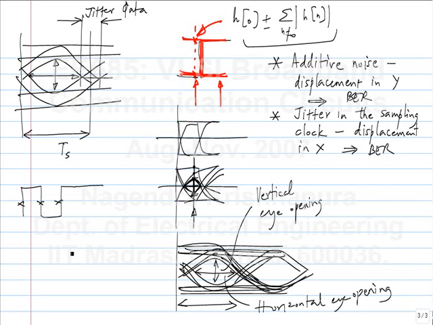Clearly for an RC case, let's say you have a low bandwidth RC filter, and it starts from the high value, then it doesn't have time to go all the way low, and then it comes back here. So you can calculate this part. The spacing between this and this will be less than the bit interval. And in fact, the less the bandwidth of the RC, the smaller this interval is.